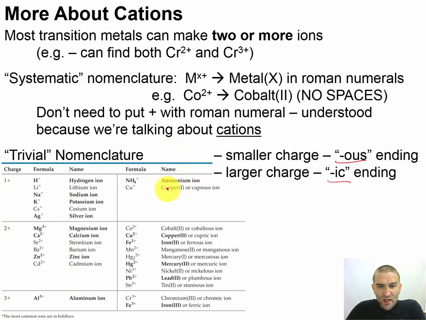We're going to have copper 1+. That's the systematic nomenclature, copper(I). The trivial nomenclature for it is cuprous ion. And now, just to show, copper 2+ is going to be the cupric ion. Cuprous was the small, cupric was the big one.